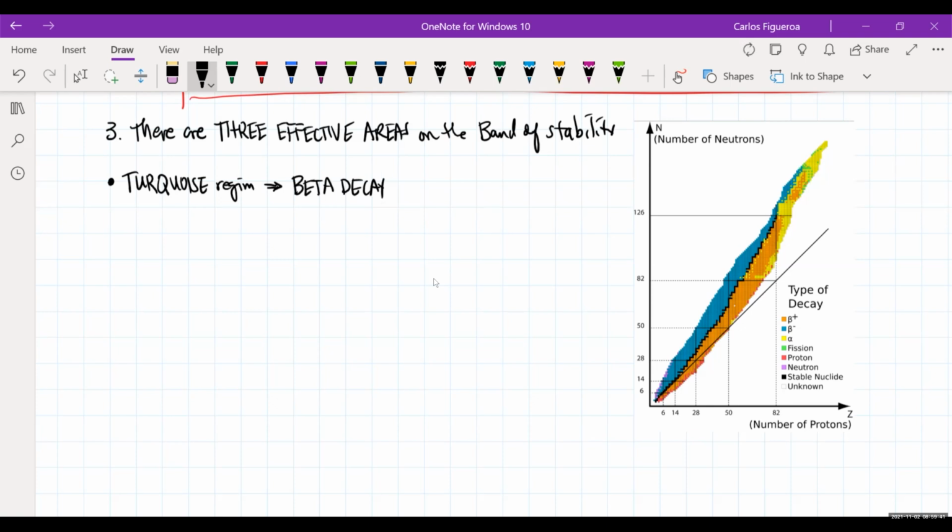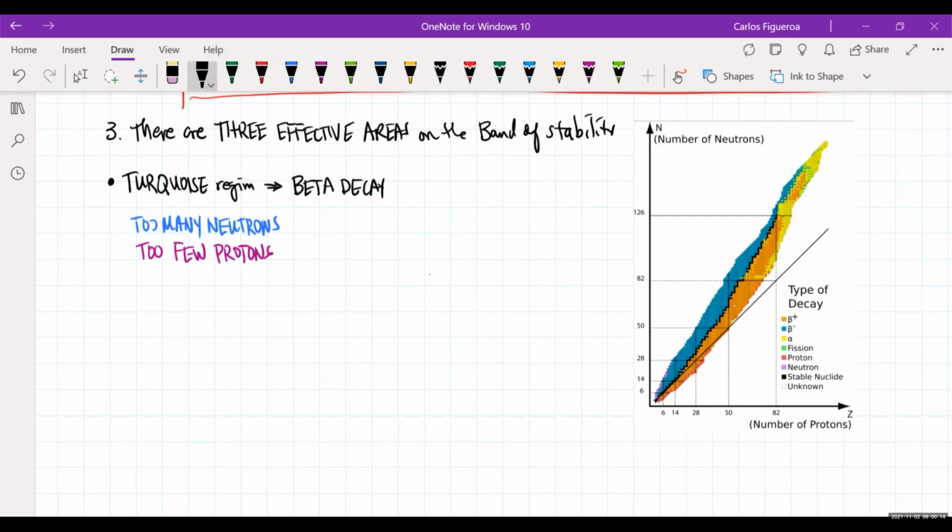So why is beta decay so important here? Because they have too many neutrons, and they have too few protons.